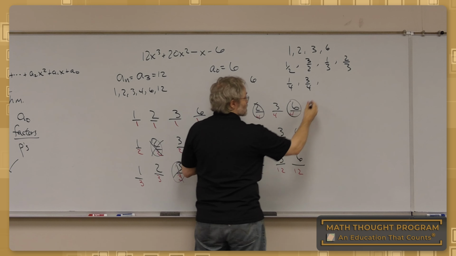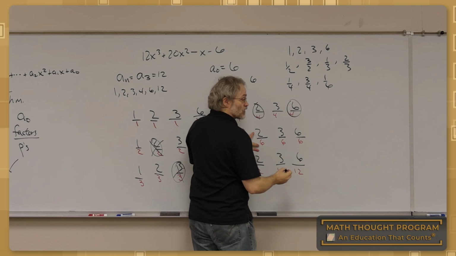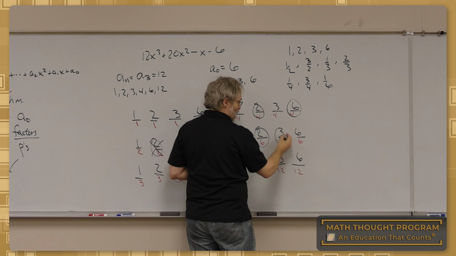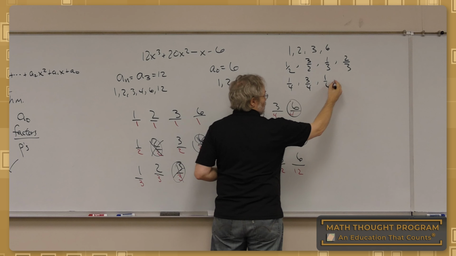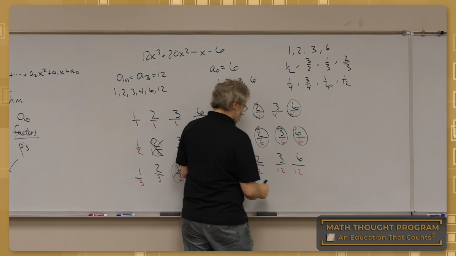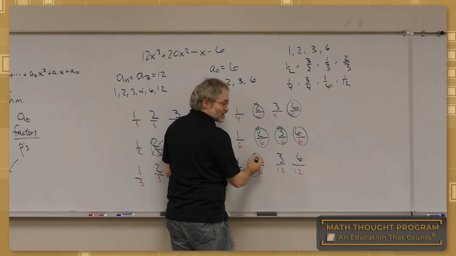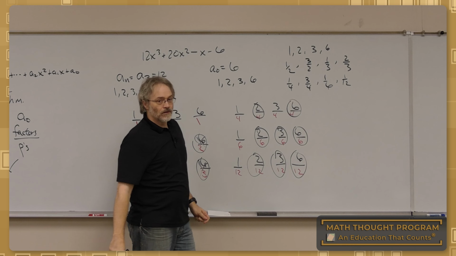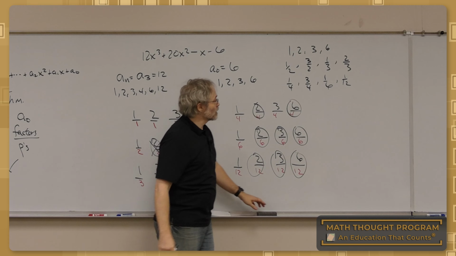Okay, a 6. A third's been repeated up here, so we can get rid of this one. That's a half, that's 1. And we're left with 1 over 12. Okay, a 6, a 4th, and a half. Okay, so there it is.